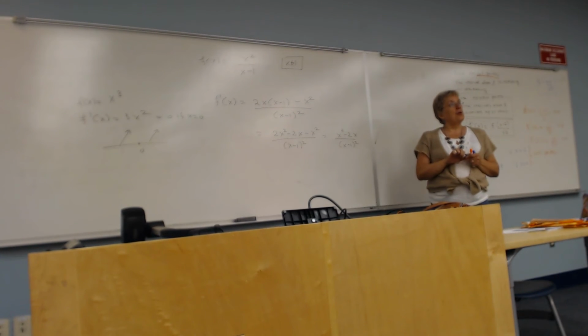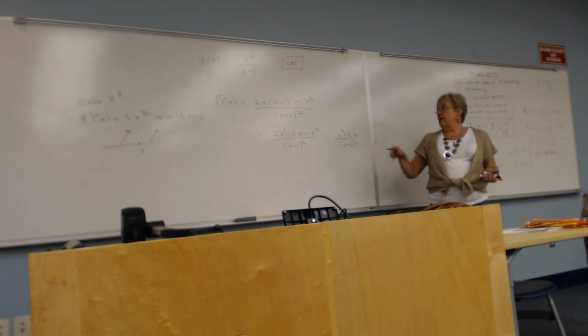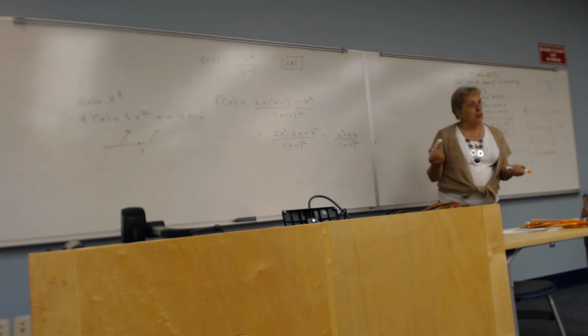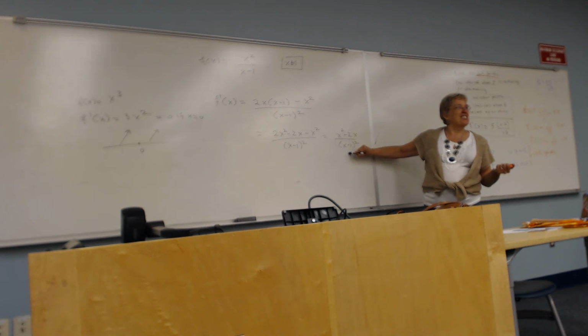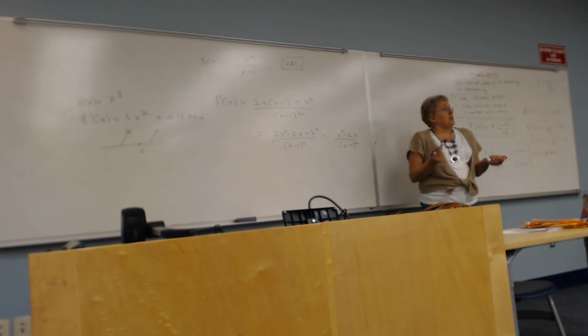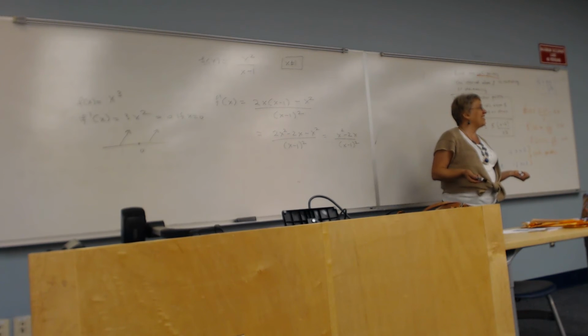So now, like before, we had a fraction, and so we had to study the numerator and denominator, and we do that too, right? But now the denominator has no surprises for us, because x equals 1, we know that the function doesn't exist, so if the function doesn't exist, the derivative doesn't exist, right?